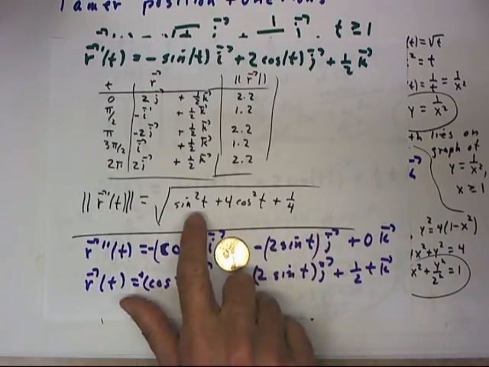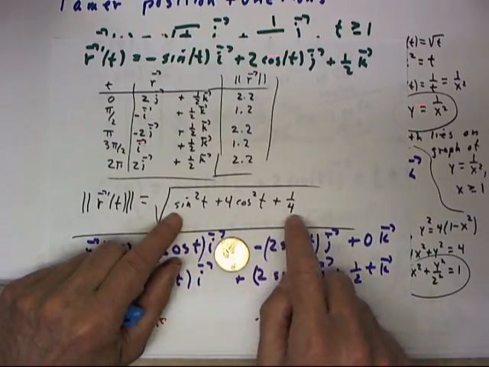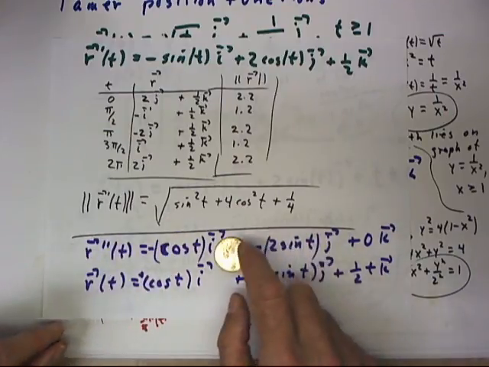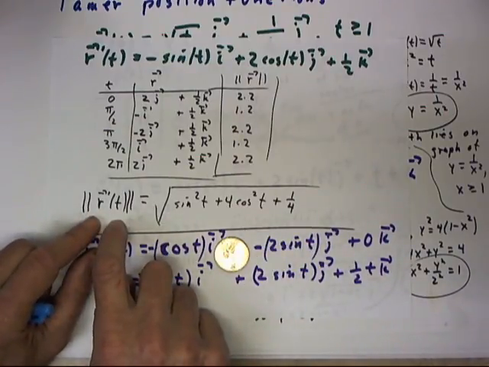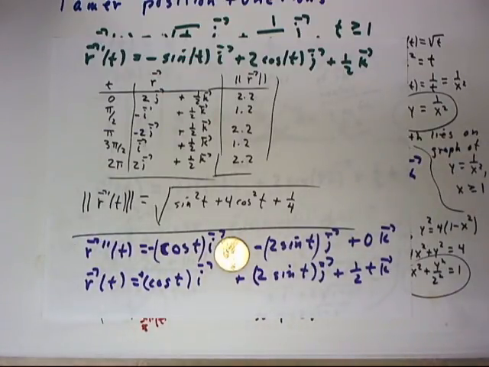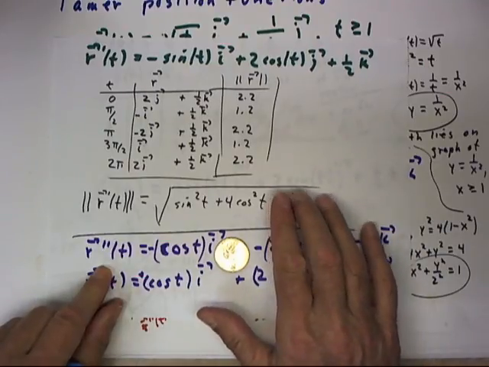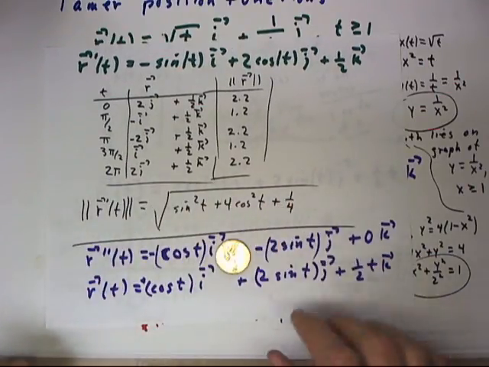When t gets around to pi over 2, the sine is 1 and the cosine is 0, so this is just 1 1/4. So we see that the magnitude of the r prime vector is varying between 4 1/4 and 1 1/4.